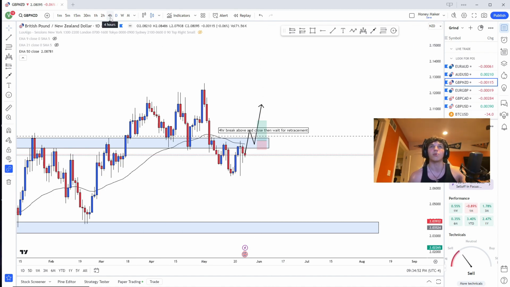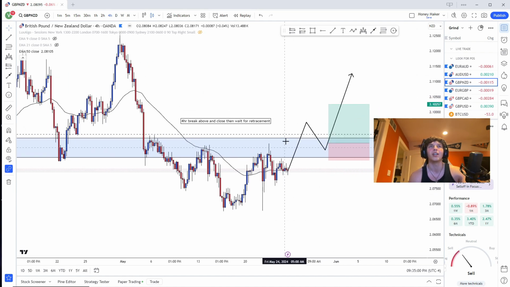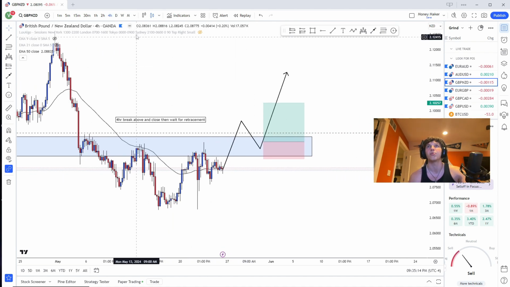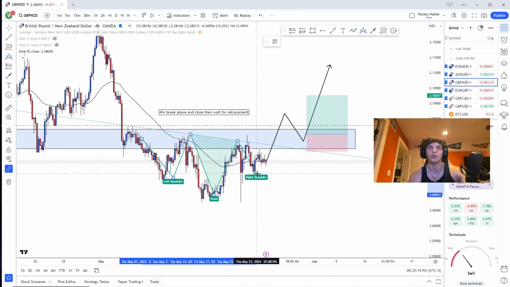So what I'm going to be waiting for is this daily to break above and close, the 4 hour to also break above and close, and then see a retracement back down into our daily area of interest, retesting our market structure, retesting our daily EMA and our 4-hour EMA, just having a bunch of confluences line up before we continue upwards. And we could even see another reverse head and shoulders right here.